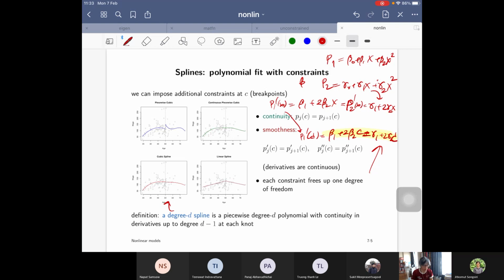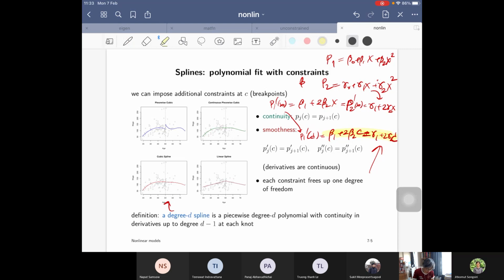So the spline is the piecewise polynomial where you impose constraints on the continuity and the smoothness of your function.